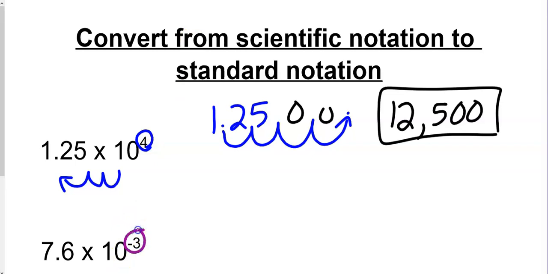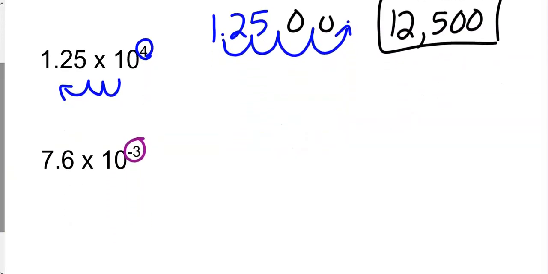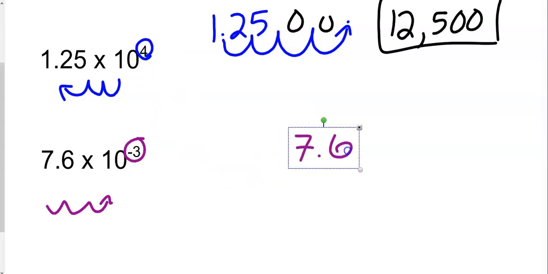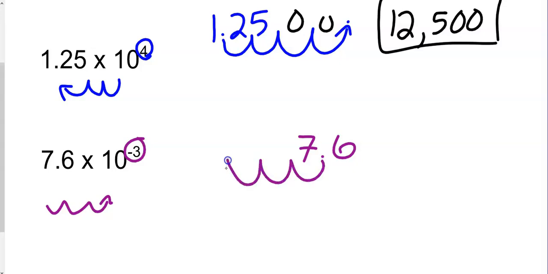Looking at the next guy. Our exponent is negative. That means that our decimal came from the left. It was moving this way. Okay? So we need to undo that movement from the left. Oops, too far, because we've got to move back to the other side. So we're going to grab this guy and we're going to move it 3 because our exponent is negative 3. 1, 2, 3.